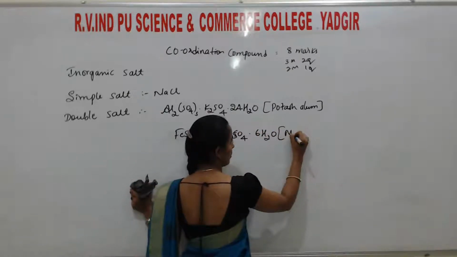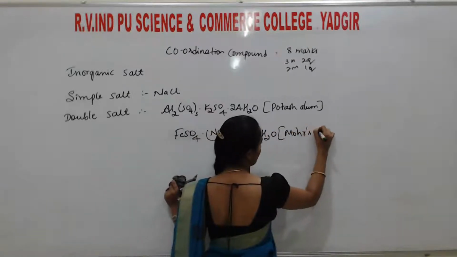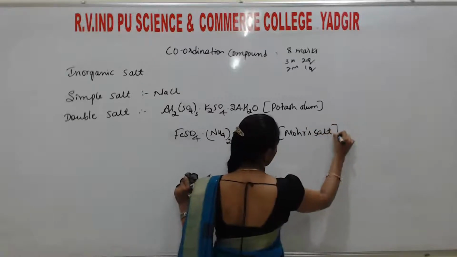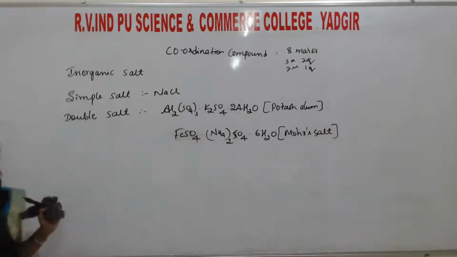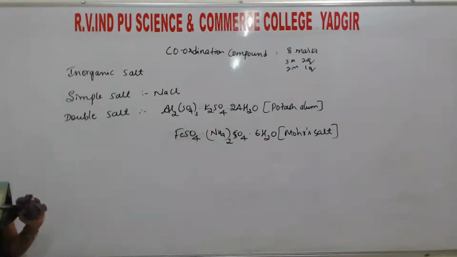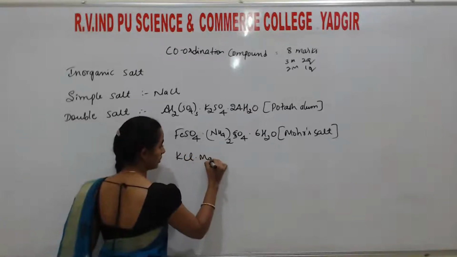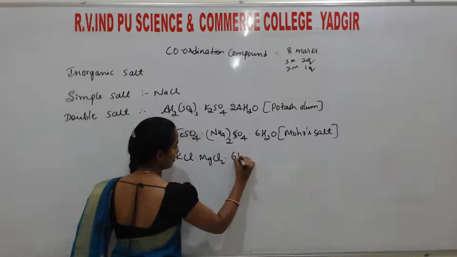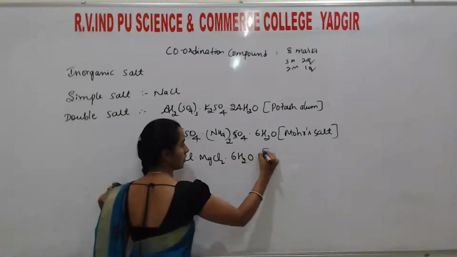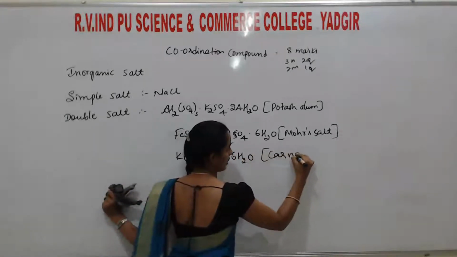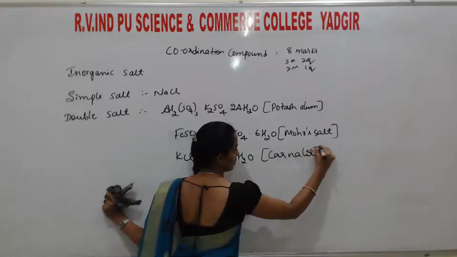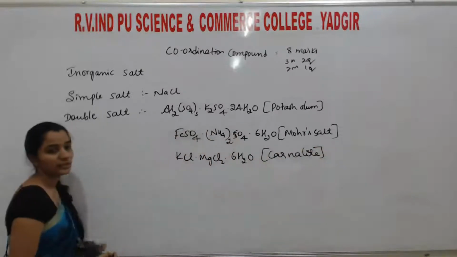That is Mohr's salt. Another one is KCl into MgCl2 into 6H2O, called carnallite. So these are called double salts, students.